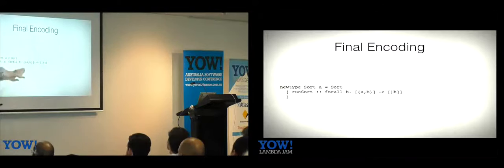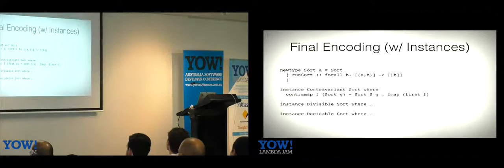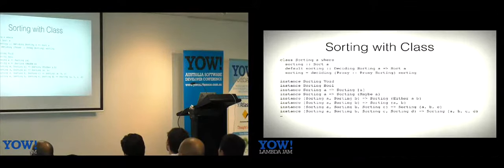And so you should only be using the value of A to figure out what you want to do. So this is a contravariant functor. You can contramap over it. And I can build a class, let's call it Sorting, for things that we can sort in this fashion.